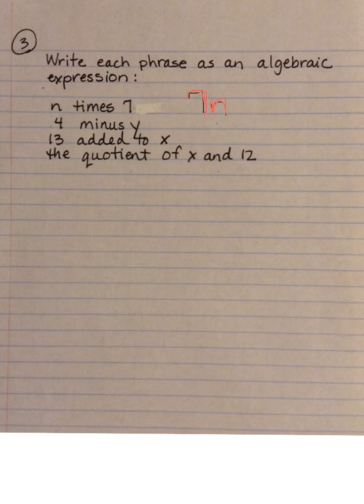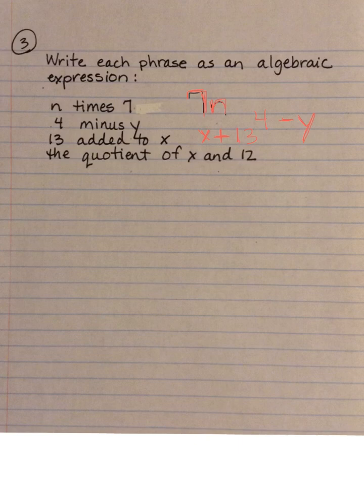4 minus y means you start with the 4 and you subtract y. And remember, y is the variable because we don't know what y will be. You have to figure that out. In 13 added to x, if you're adding to x, then you have x, and you're going to add to it 13.